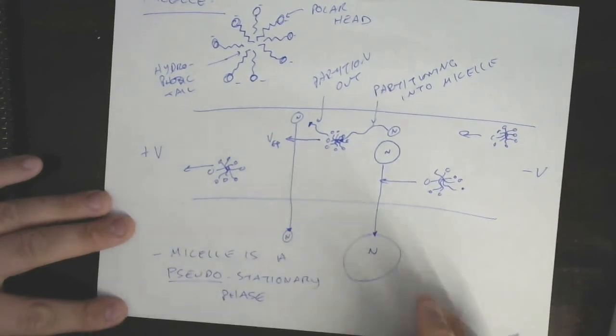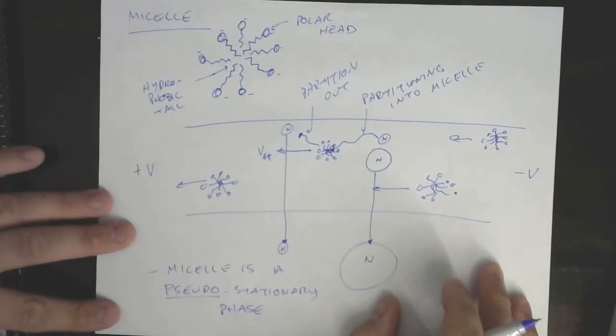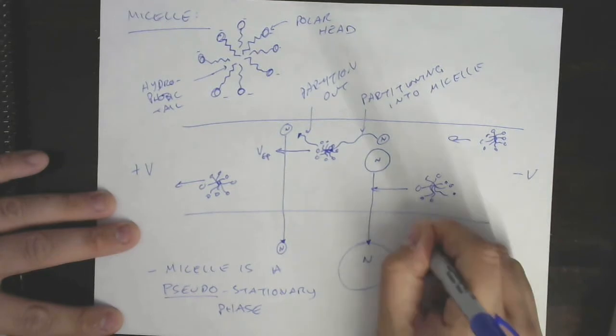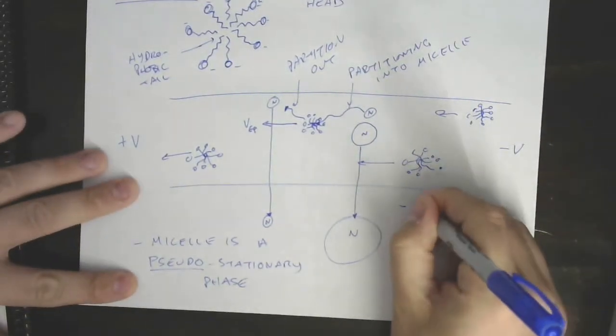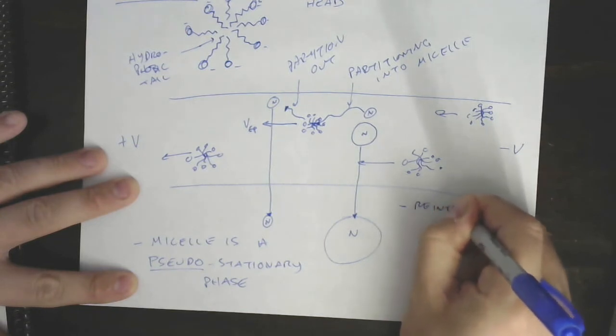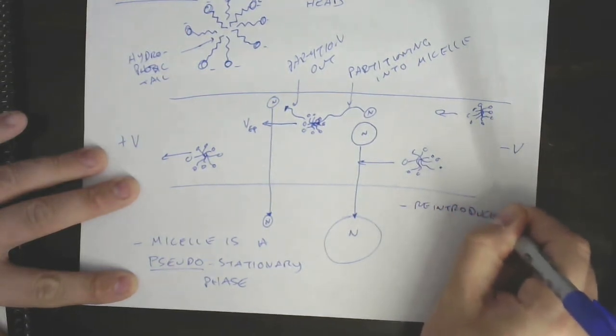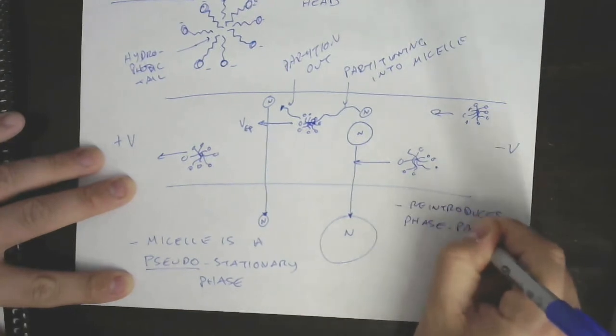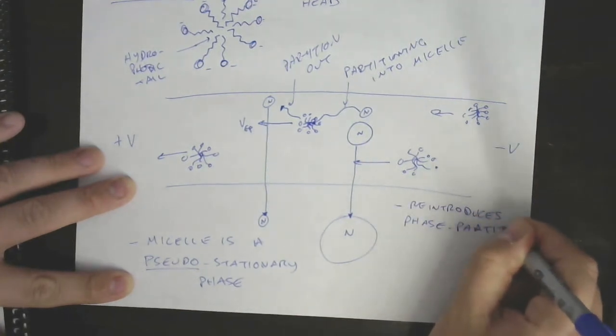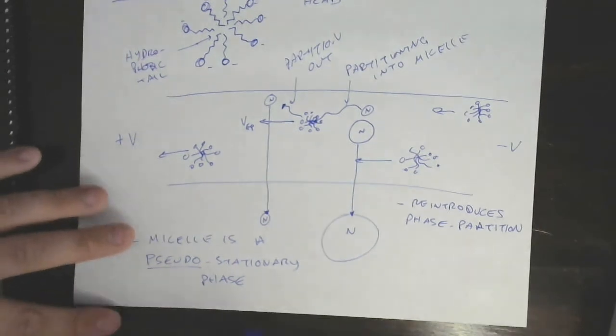Just a couple more points to make on this, and then we will be done talking about MEKC. This reintroduces phase partitioning, which is not something that we talked about in CE.